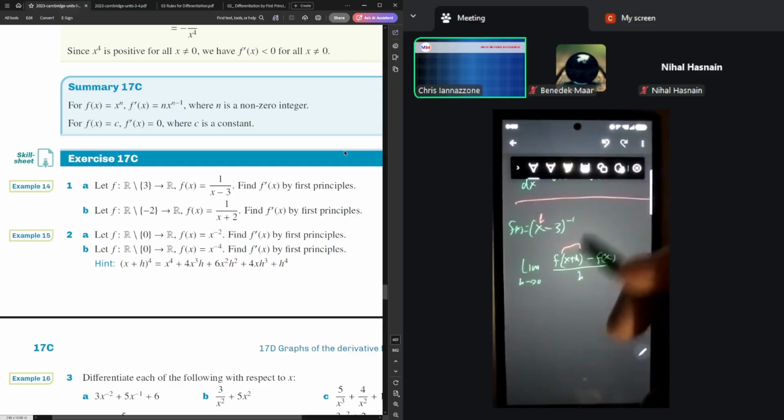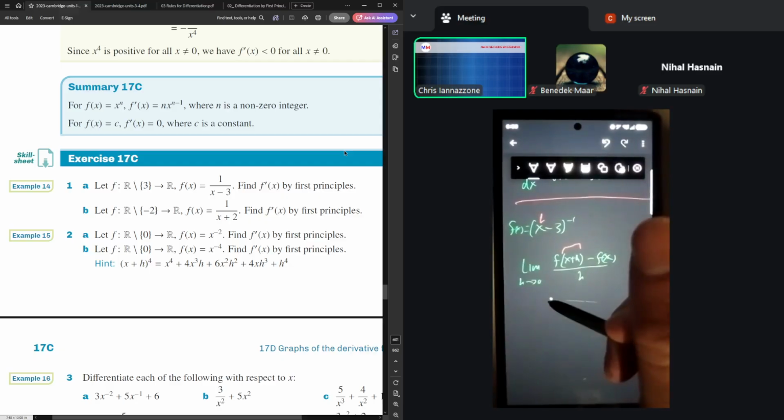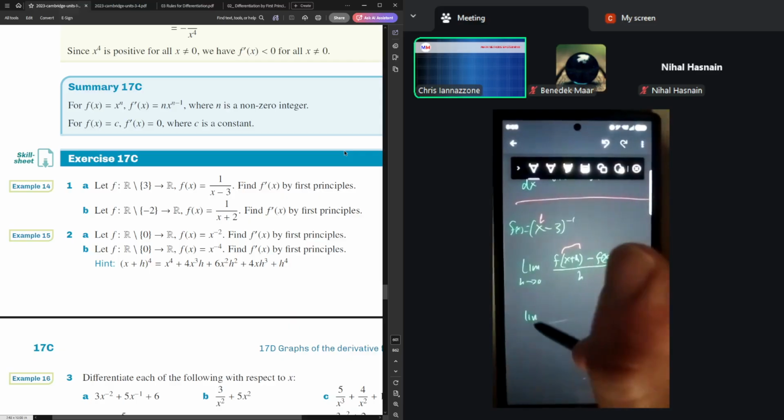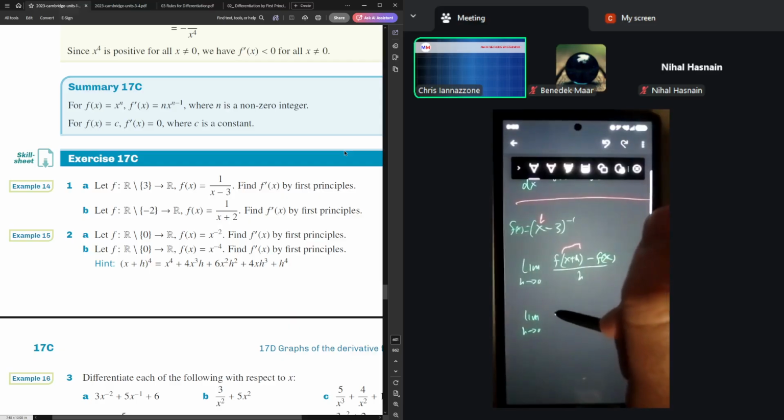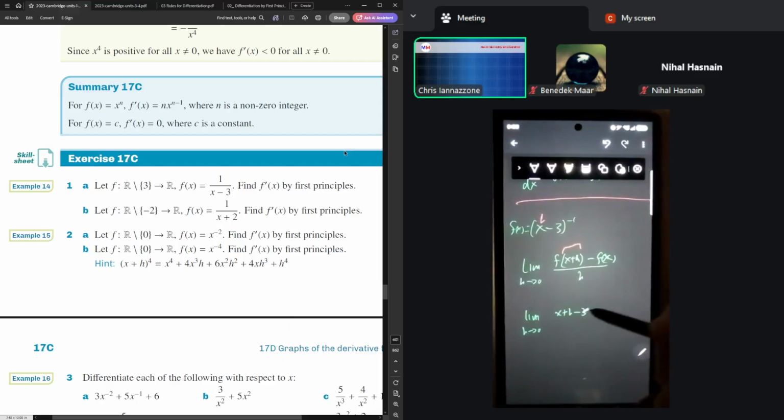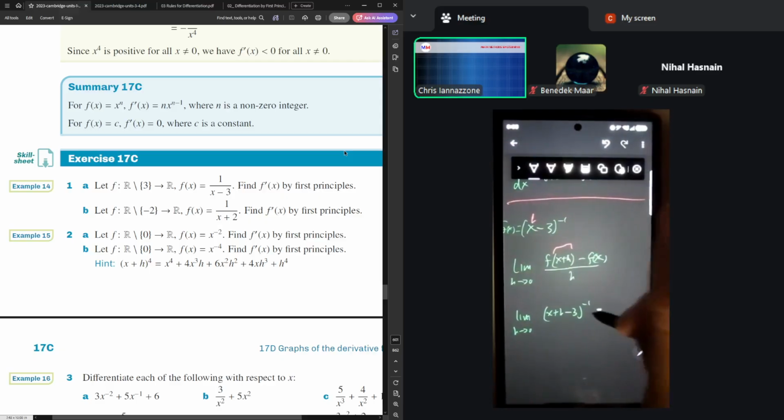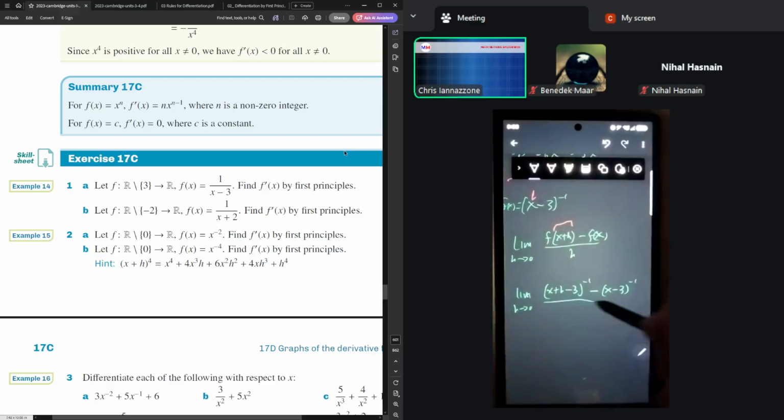So when we go ahead and write up our new numerator, we're still going to have our limit as h approaches 0. We're now going to have x plus h minus 3 to the power of negative 1 minus f of x. So f of x hasn't changed: x minus 3 to the power of negative 1. Then from there, dividing by h.